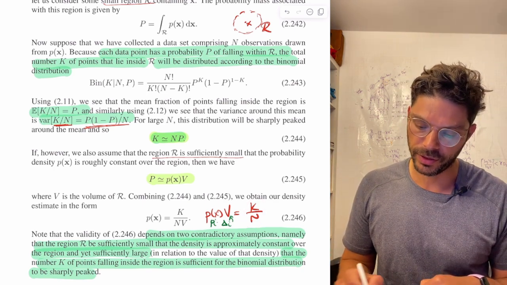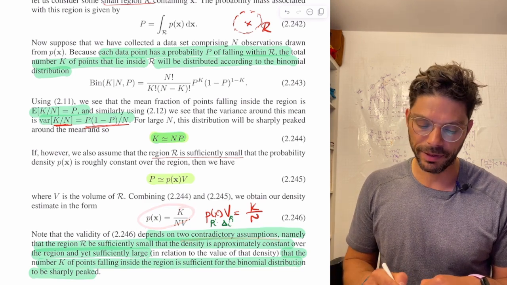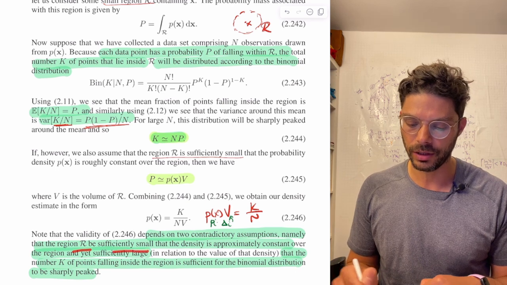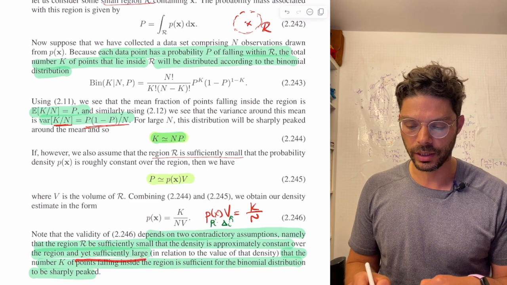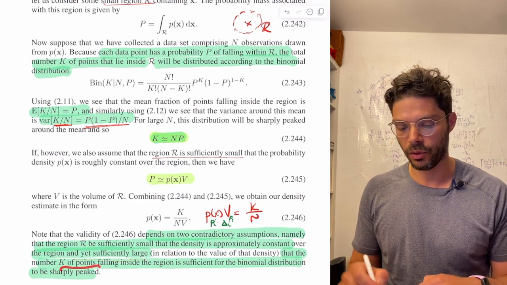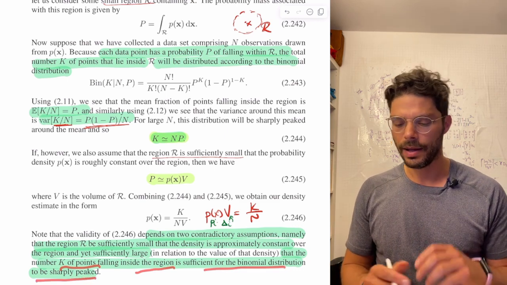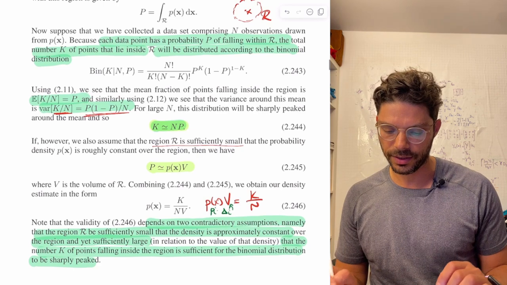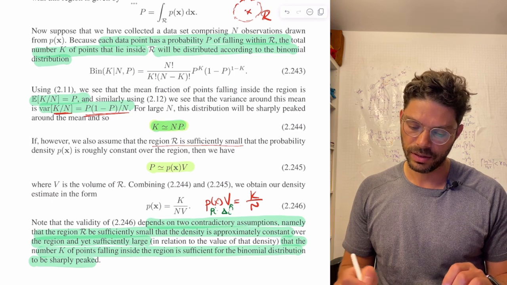Okay, note that the validity of this depends on two contradictory assumptions, namely that the region R be sufficiently small that the density is approximately constant over the region, and yet sufficiently large that the number K of points falling inside the region is sufficient for the binomial distribution to be sharply peaked. Yeah, so I see kind of what he's saying.